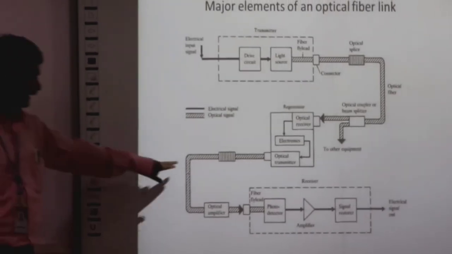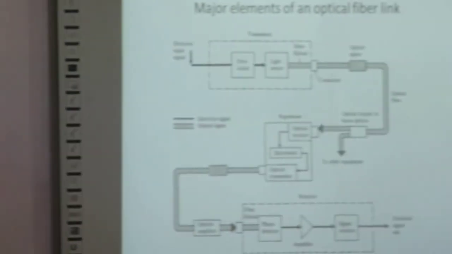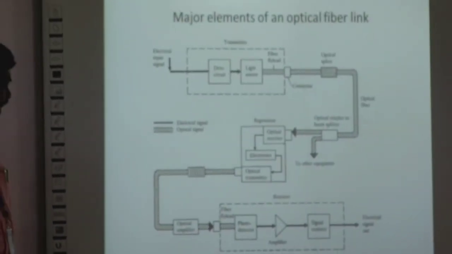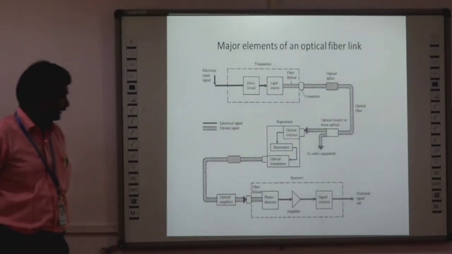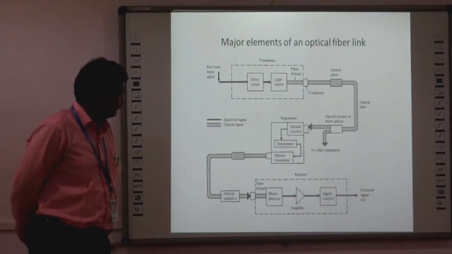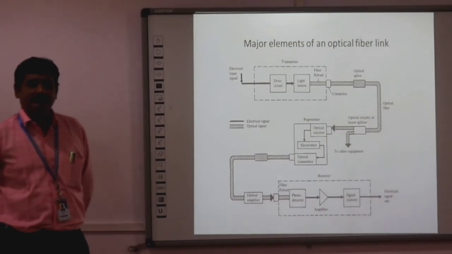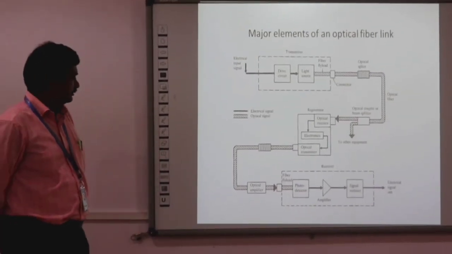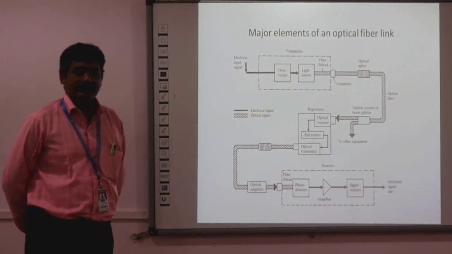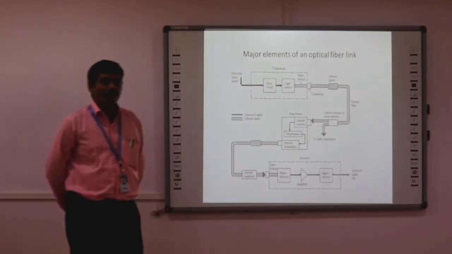This dashed line represents optical power launched into the fiber, and on the receiver side we have three elements: photodetector, amplifier and signal restorer. The photodetectors used are the pin diode and avalanche photodiode.